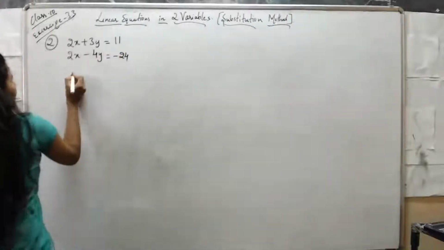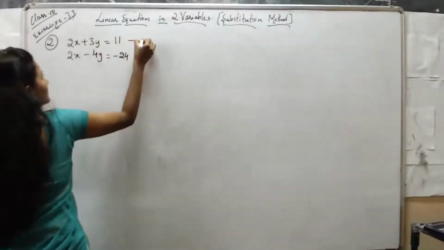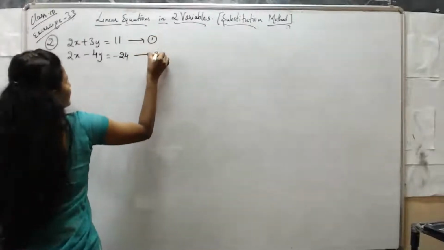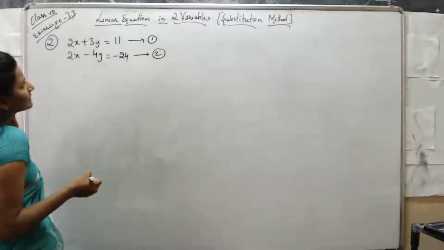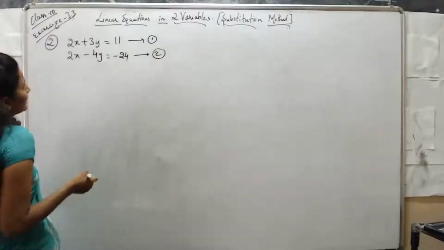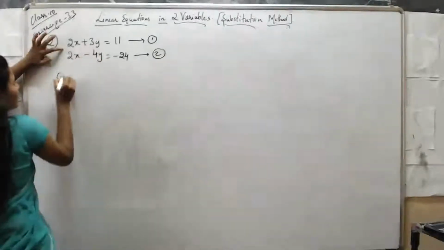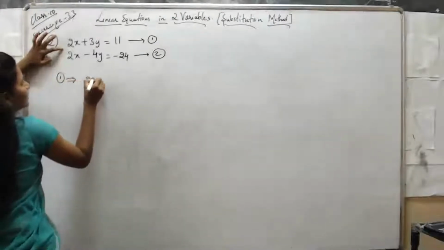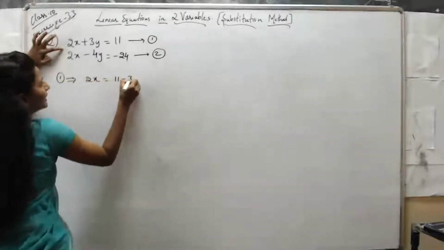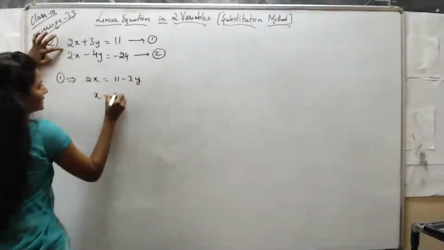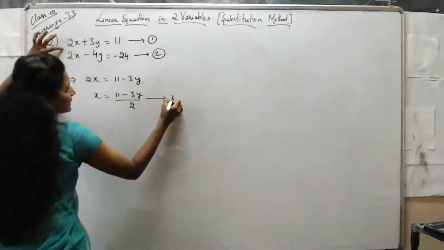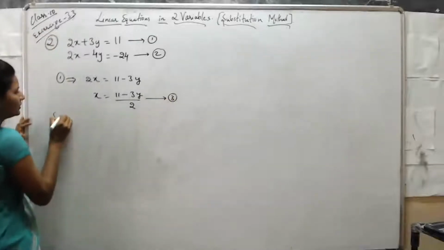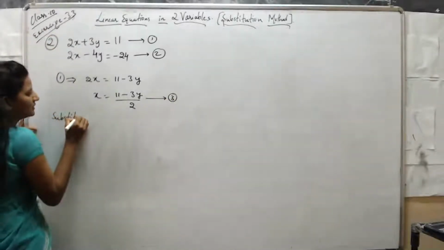Take this equation as 1 and this equation as 2. Now what we have to do is derive the x value, however you want. Equation 1 implies 2x is equal to 11 minus 3y. X is equal to (11 minus 3y) by 2. Take this equation as 3. Substitute where?